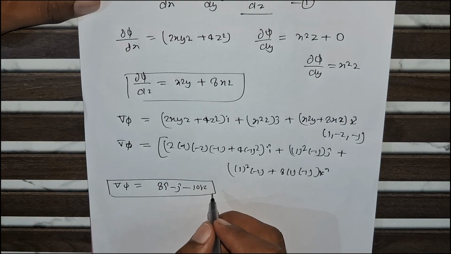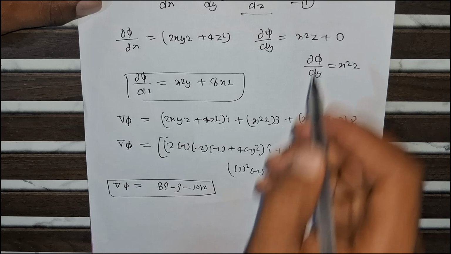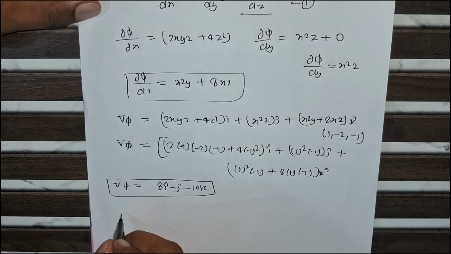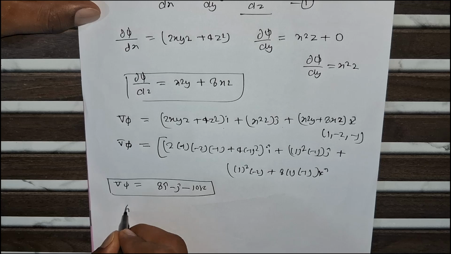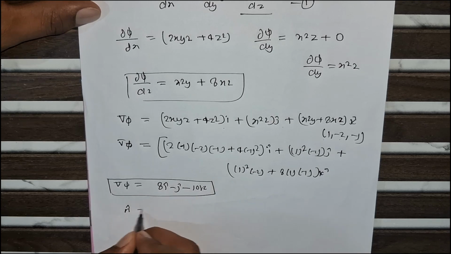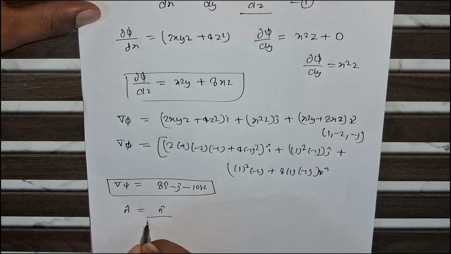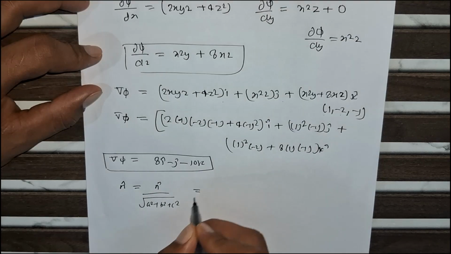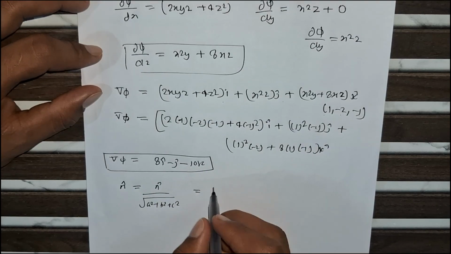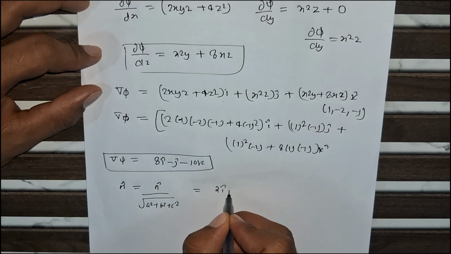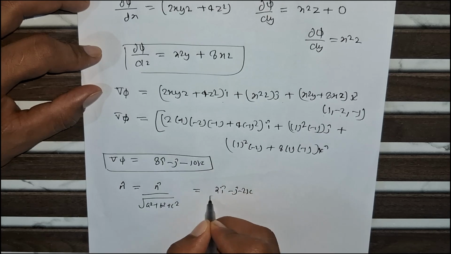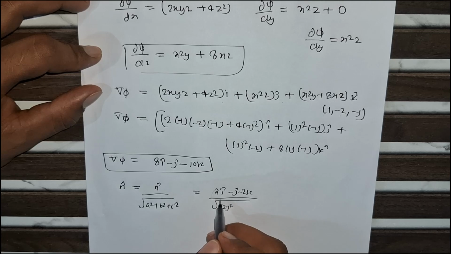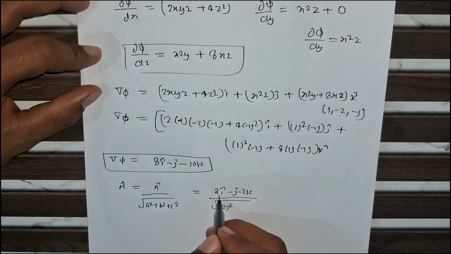Now we are looking for a unit vector along the direction of 2i cap minus j cap minus 2k cap. What is the formula of the unit vector? The unit vector n cap equals n divided by the square root of a squared plus b squared plus c squared. So n is 2i cap minus j cap minus 2k cap, divided by the square root of 2 squared plus (-1) squared plus (-2) squared, where a, b, c are the coefficients of i, j and k.